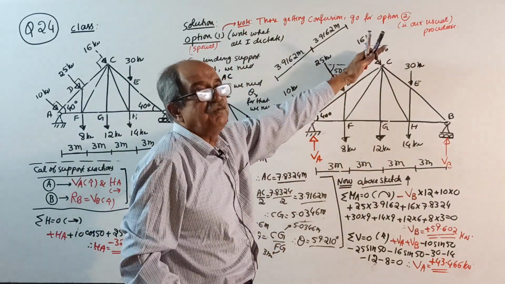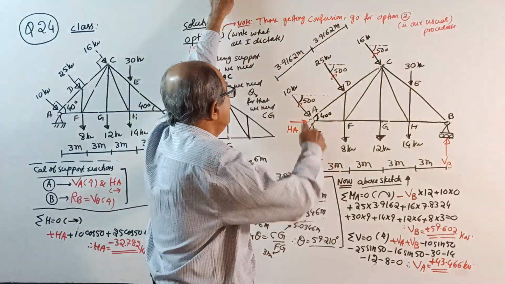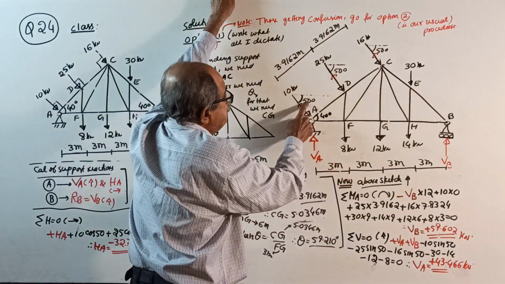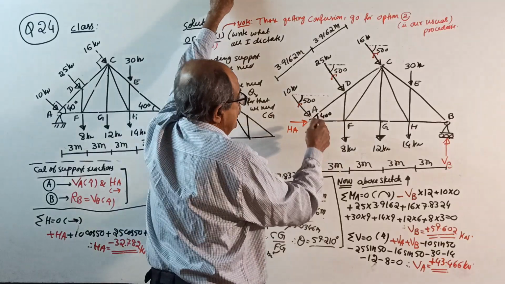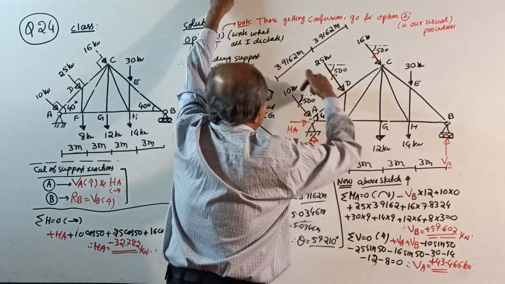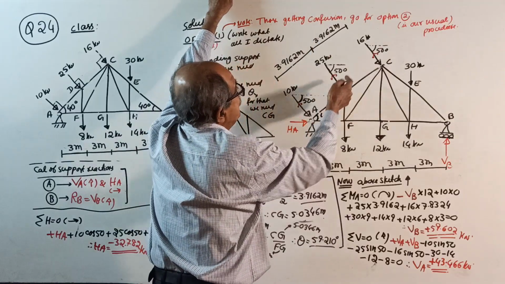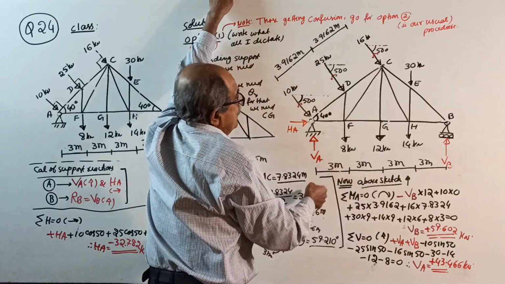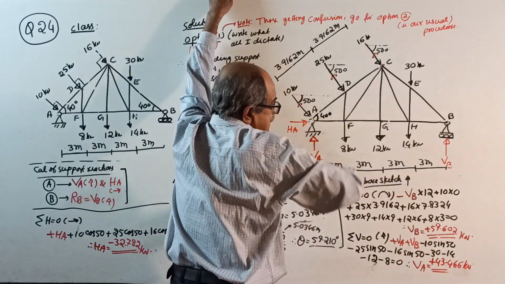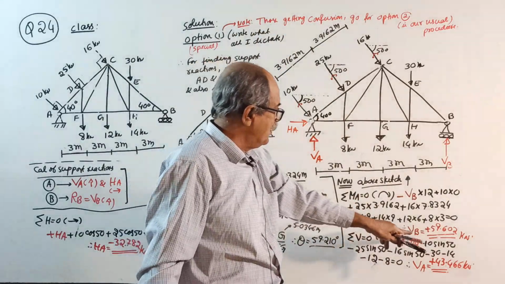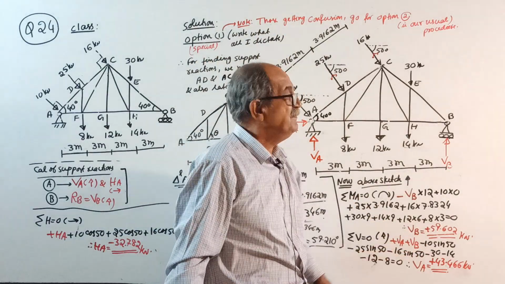So plus VA plus VB, minus 10 sin 50, minus 25 sin 50, minus 16 sin 50, minus 30, minus 14, minus 12, minus 8 equal to 0. You substitute for VB, you get the value of VA.